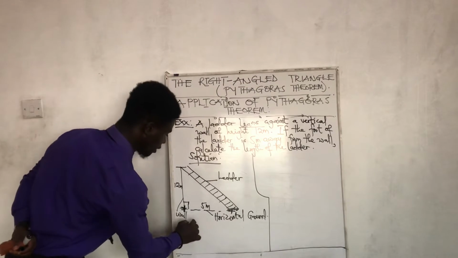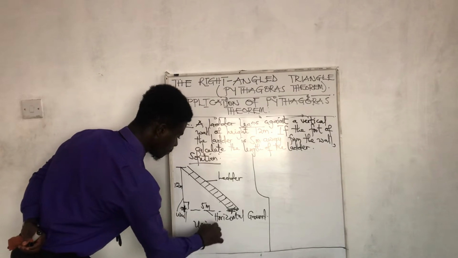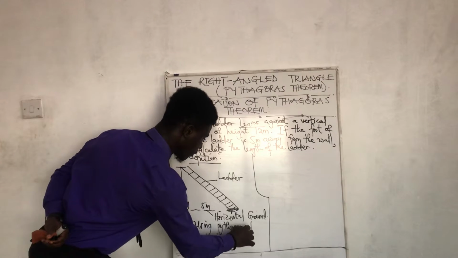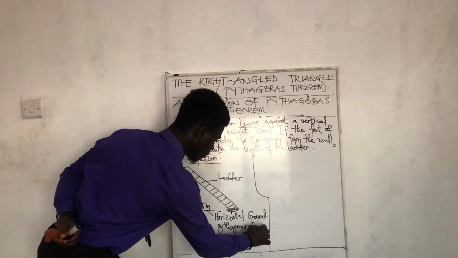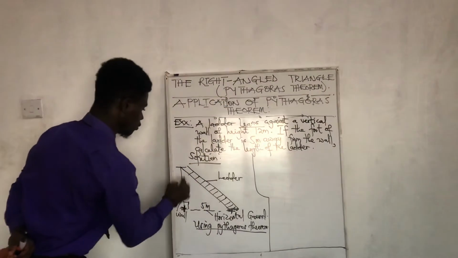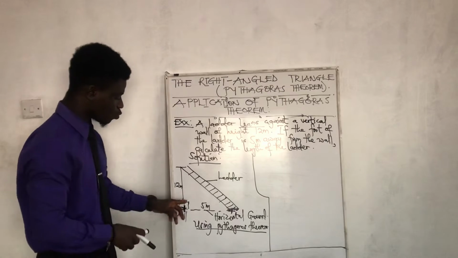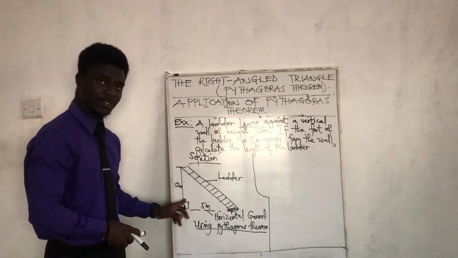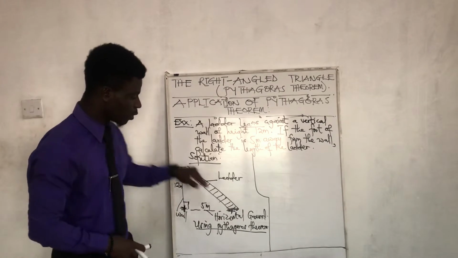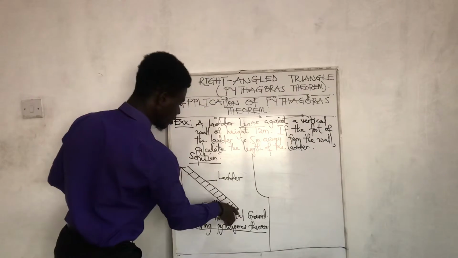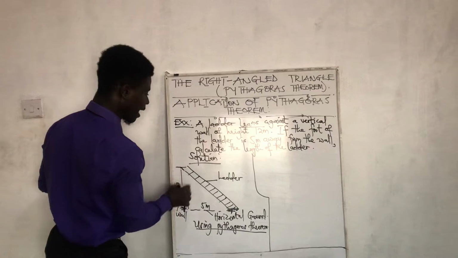So you can write using Pythagoras theorem. Pythagoras theorem states that the square on the hypotenuse, where the 90 degrees is opposite to this side. So it means that this side, this ladder, is the hypotenuse.